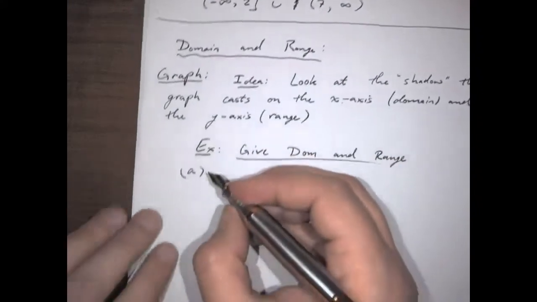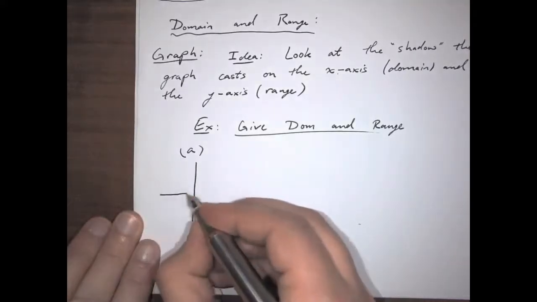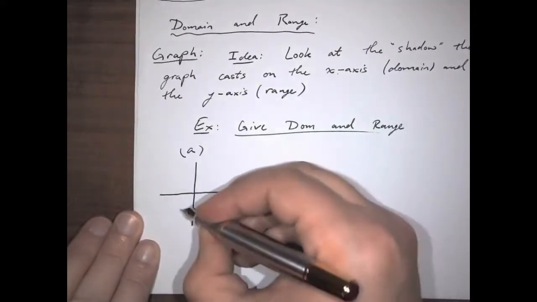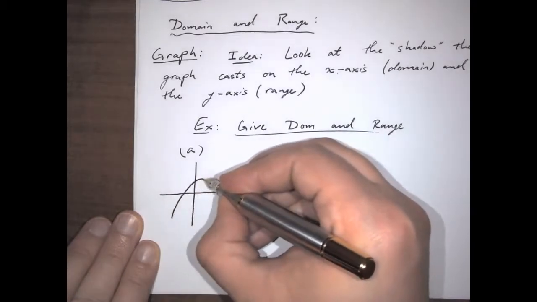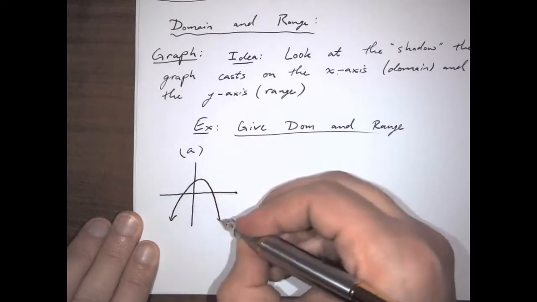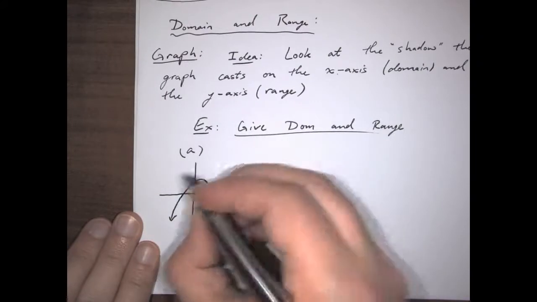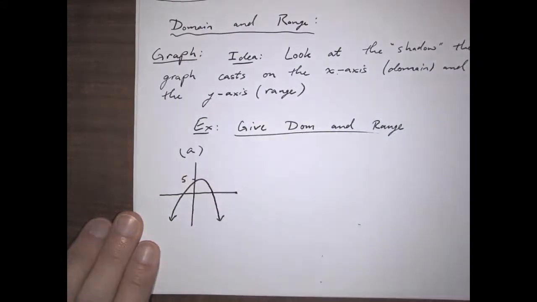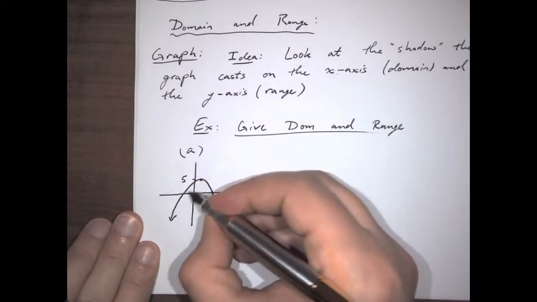In example A, let's say it looks like a parabola. And let's say it goes up and then down. Let's say it's got arrows going both to the left and to the right. And here, let's say that it reaches its highest point at a y value of 5.